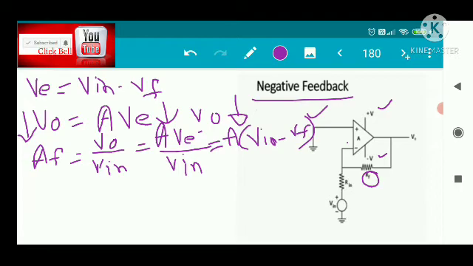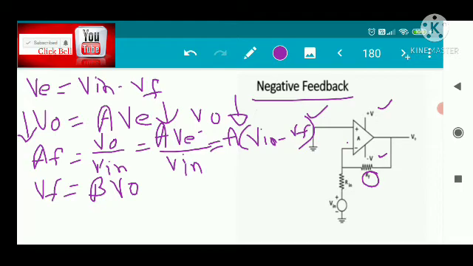Okay, this is V in minus VF. And VF equal to beta into V0. So your V0 is nothing but A into V0 into 1 plus A beta equal to A into V in.